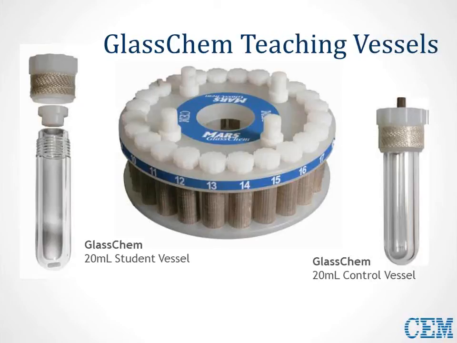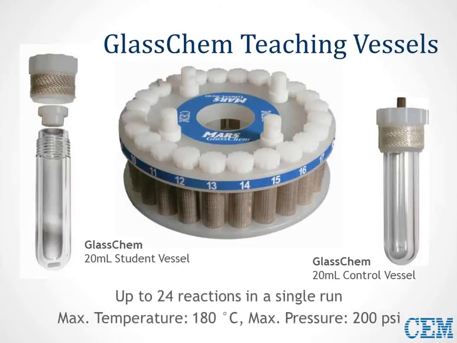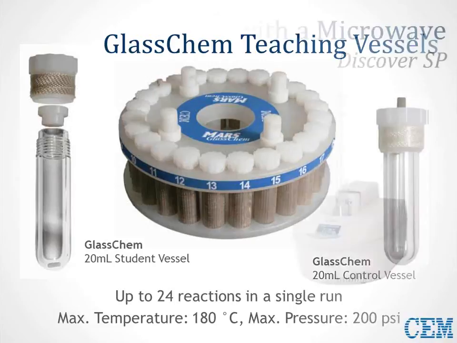But the rest of the vessel assembly is very similar, with the plug and the cap. So what these GlassChem vessels allow you to do is run up to 24 vessels at a single time inside the cavity. The temperature and pressure limitations are 180 degrees Celsius, and the maximum pressure in the vessels is 200 psi.